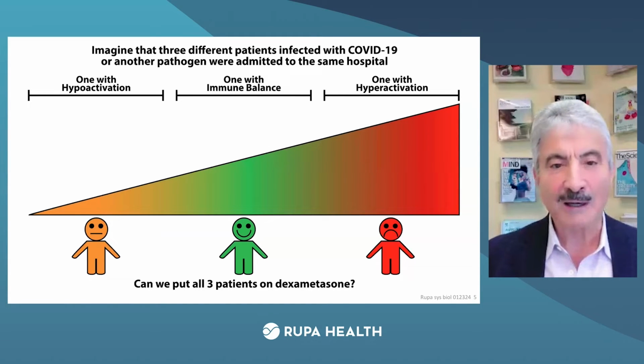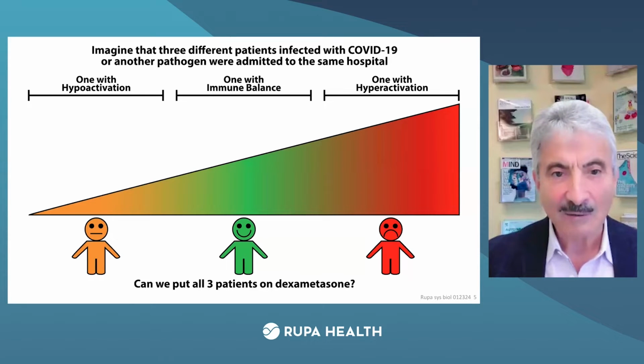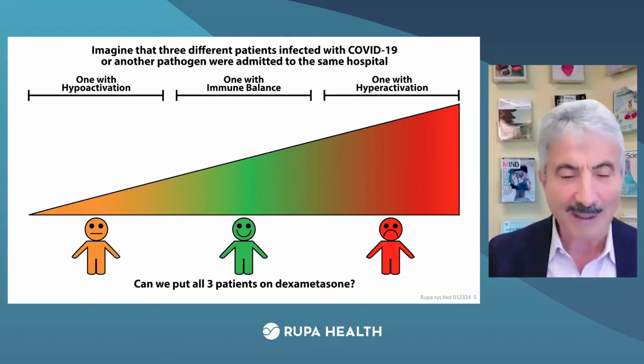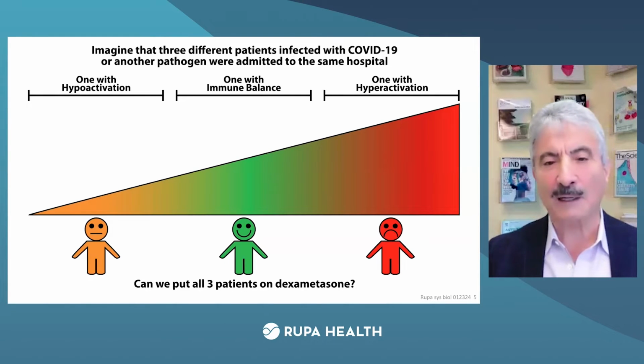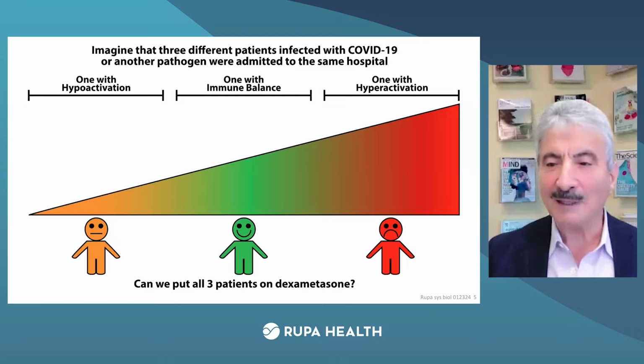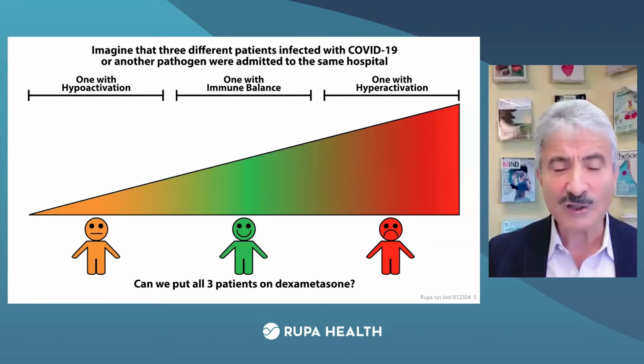These three were and are going to be treated with the same medication, dexamethasone, or another medication which causes immune suppression. In this particular case, maybe the one with hyperactivation of the immune system is going to benefit from that medication.